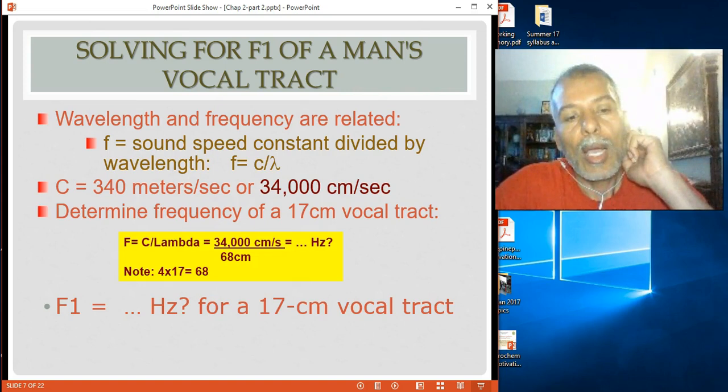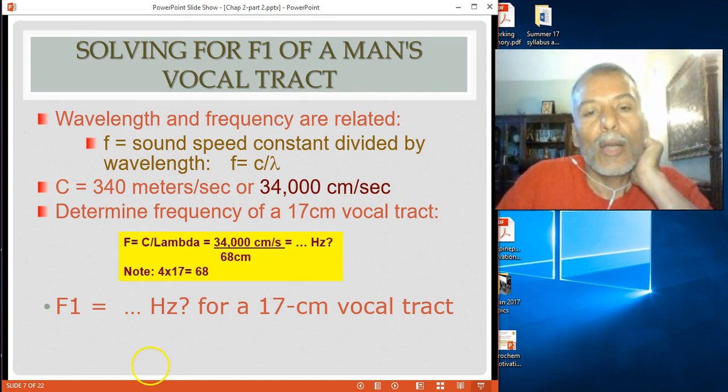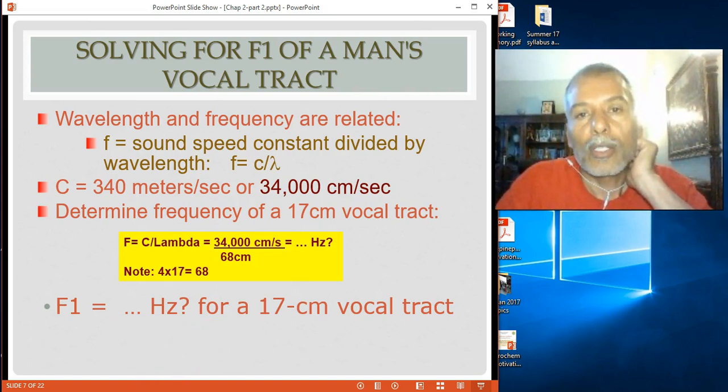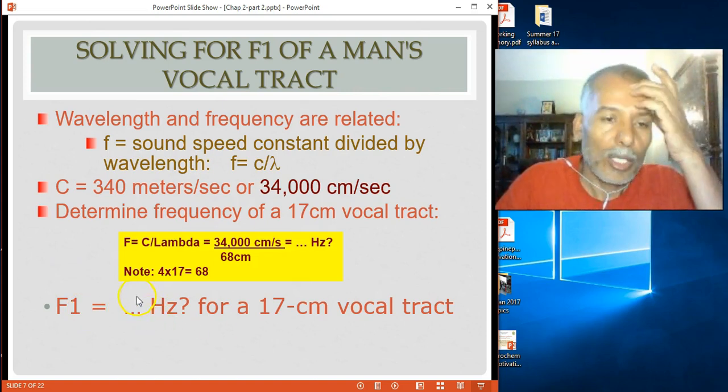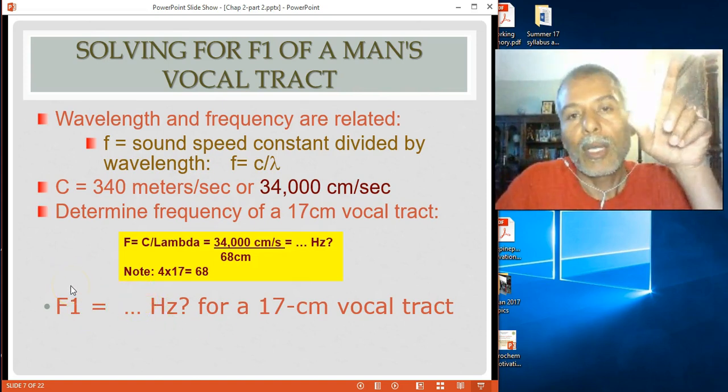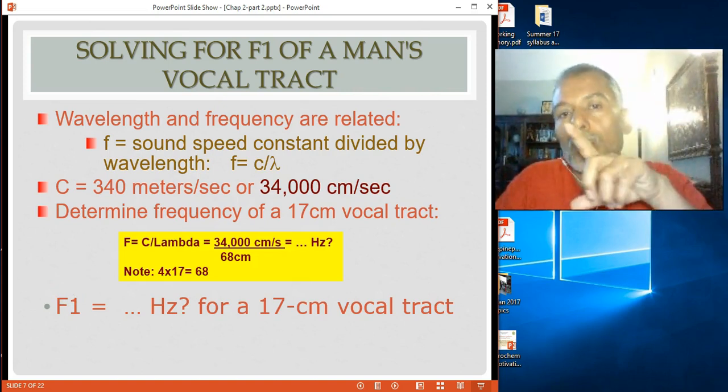So we'll see how the vocal tract filters and selectively deals with these. We are calling the first vibration F1, and for the time being R1, just resonant frequency number 1, number 2, number 3.